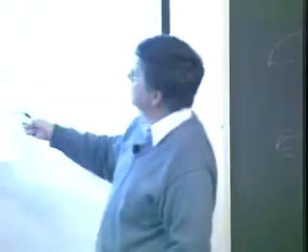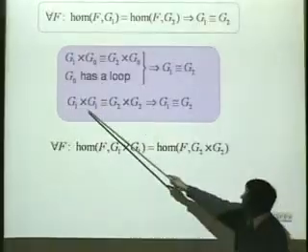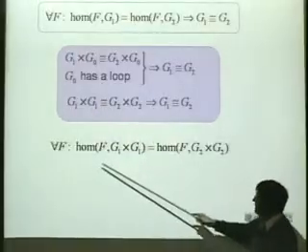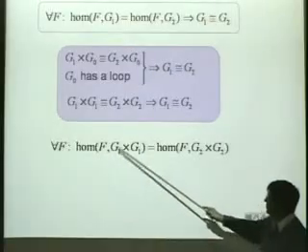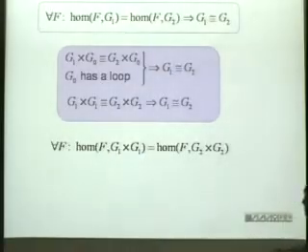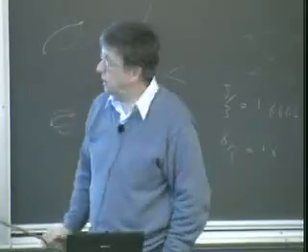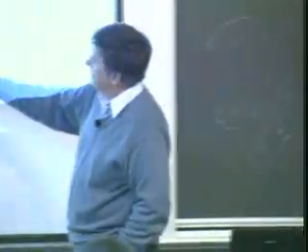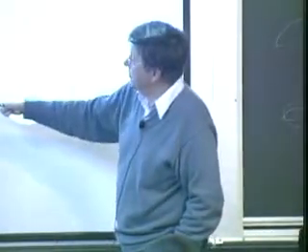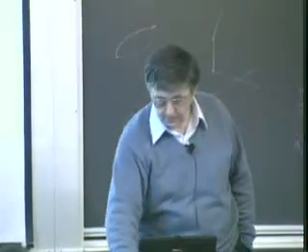So why is that? Well, this assumption implies that for every F, the number of homomorphisms of F into G1 cross G1 is equal to the same with G2. But this number is just the square of the number of homomorphisms of F into G1 and G2.